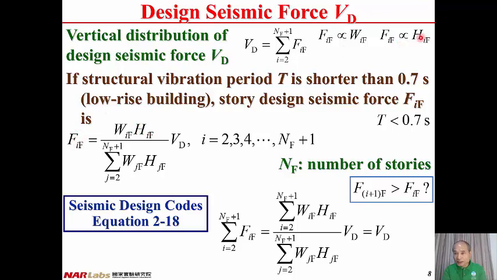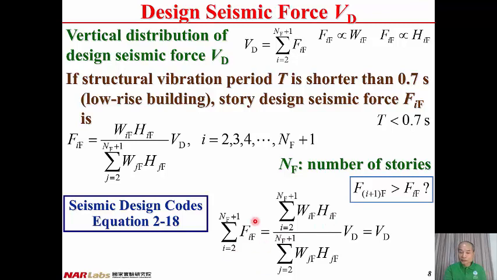It satisfies this condition. And for the summation of Fi^F from i equal to 2 to N^F plus 1, we have the summation of Wi^F Hi^F divided by the same numerator.